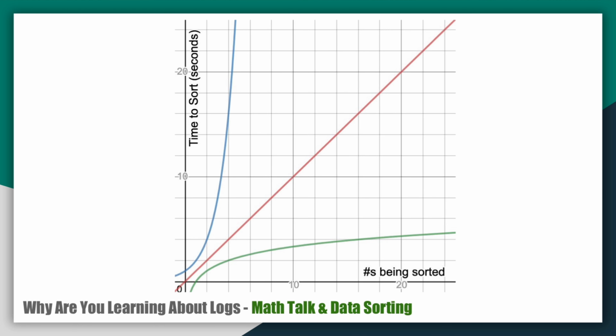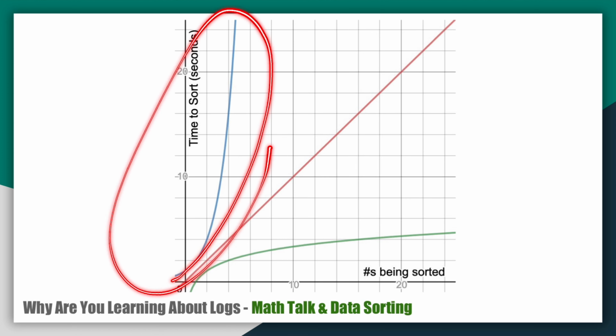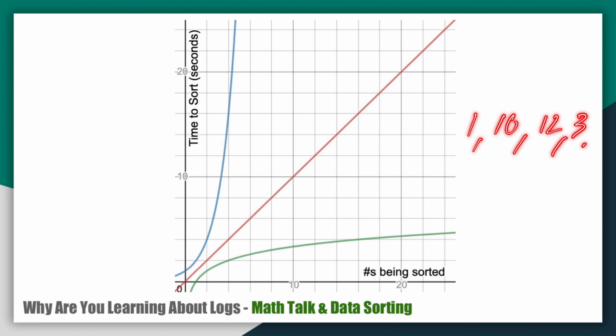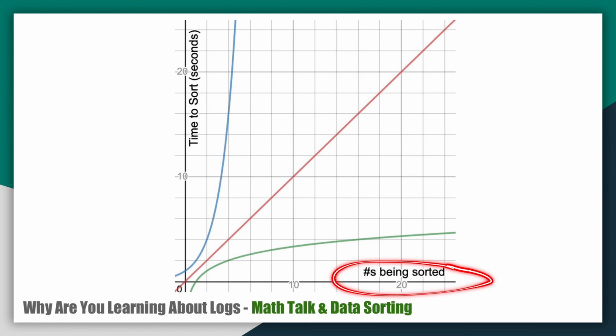Let's think about searching and sorting data. When you come up with a sort, like sequential sort, binary sort, BOGO sort, don't use that one, they follow a function pattern for time complexity. Let's say I created a sort that followed an exponential pattern. This is the amount of numbers being sorted, like 1, 10, 12, 3, 2, and on and on, and I'm trying to sort these from lowest to highest.